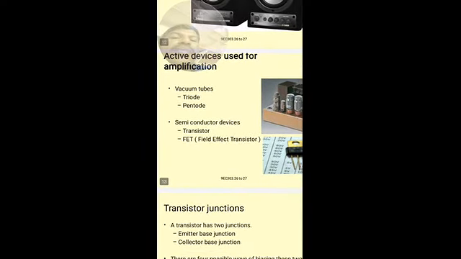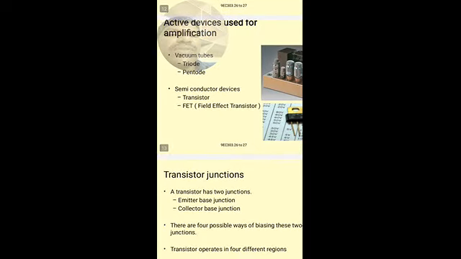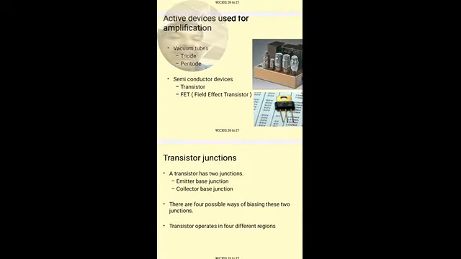The active device which is amplifying the signal is the transistor, which is going to increase the amplitude of the signal and strengthen the weak signal. Transistors or field effect transistors are used as active devices for amplification of the signal.